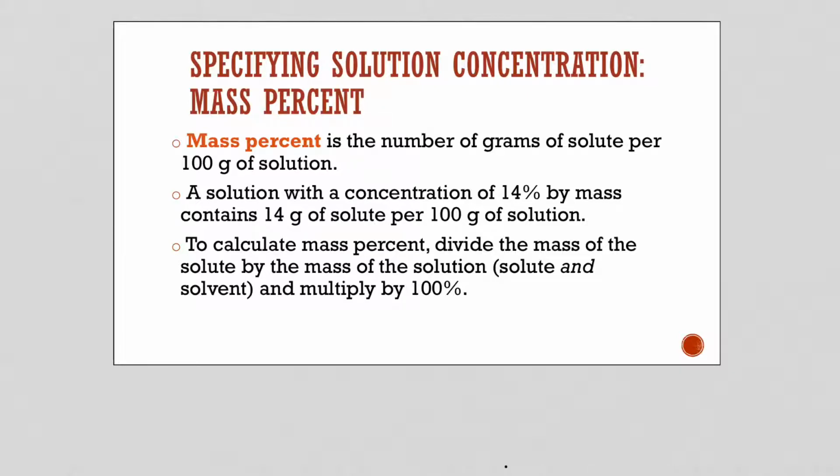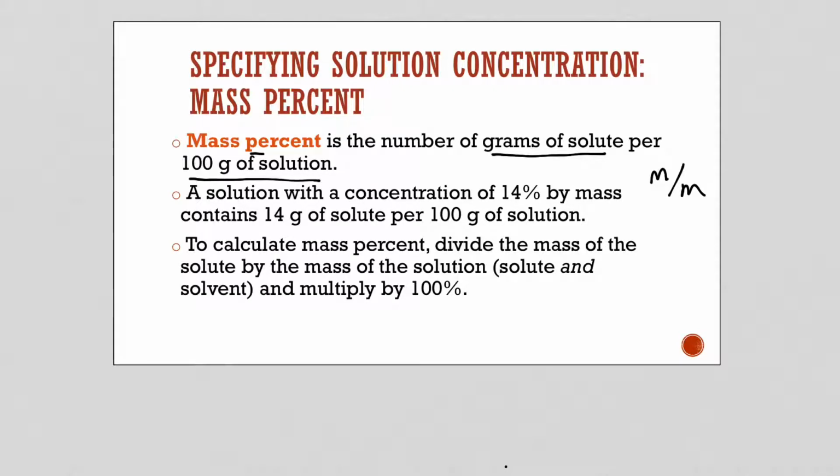So mass percent is simply the number of grams of solute, so it's mass or grams of solute, per 100 grams of solution. So it's often what we call a mass per mass unit. So it's the mass of solute, in this case over 100 grams of solution.